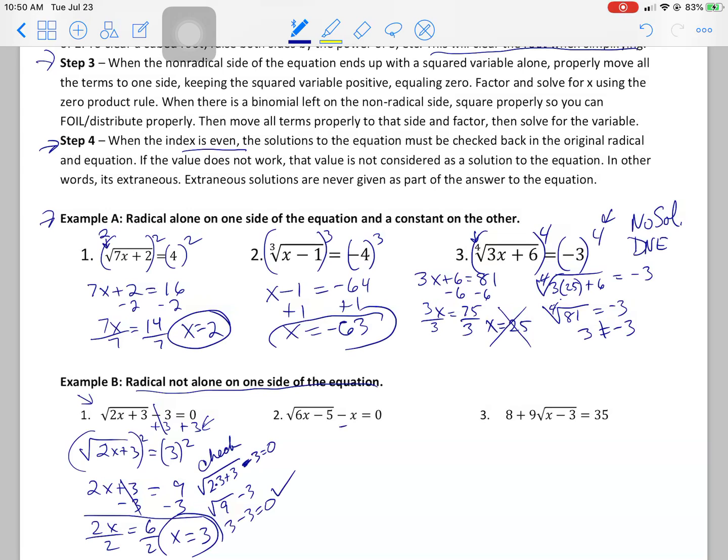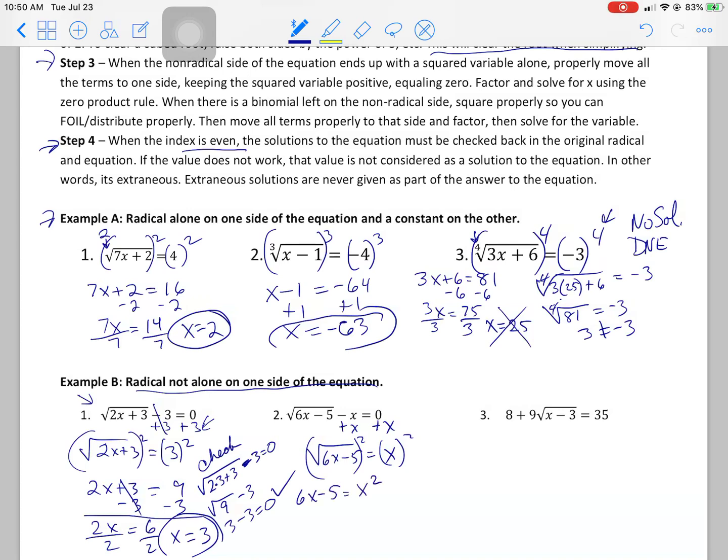This one, we're moving the x to the other side. It's not a constant term, but we still need the radical alone on one side. Okay, and then it's an index of 2, so we're raising both sides to the power of 2 to clear that away.